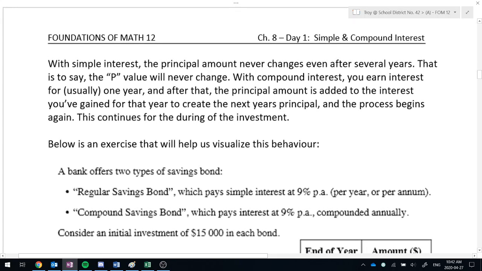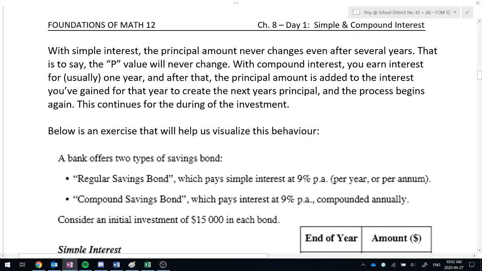Okay. So the difference between simple interest and compound interest basically lies in what the value of P is, our principal or our starting amount. So for simple interest, our principal amount never changes.